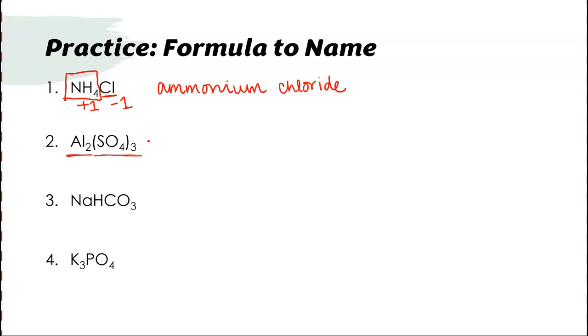So you can see how this indicates that you need 3 sulfates to balance the charges of 2 aluminums. And that makes sense because aluminum is a 3+ charge and sulfate, the whole thing, has a -2 charge. So we simply write aluminum sulfate.